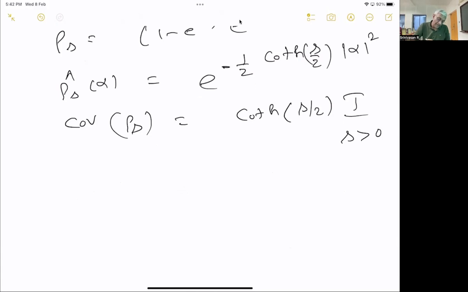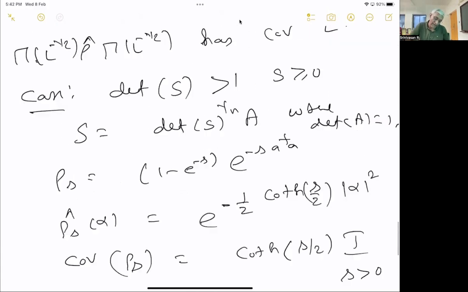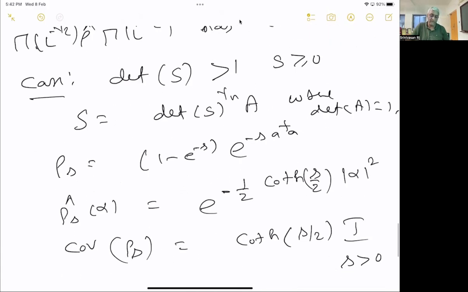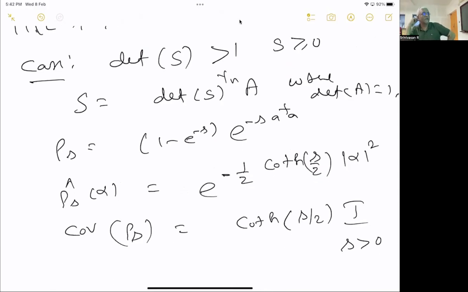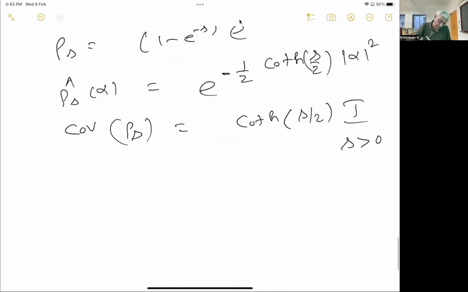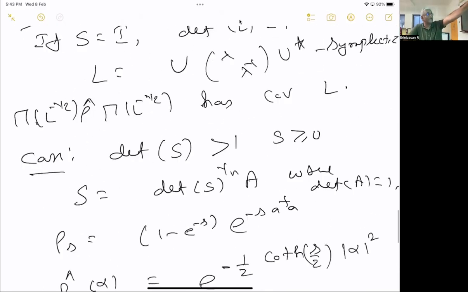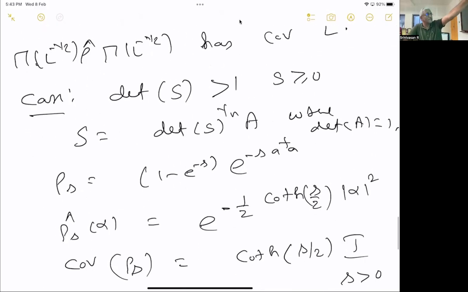So now we have a matrix with determinant A equal to 1. If we have a positive matrix with determinant A equal to 1, sorry, I should have written it in small letters, so we have an S with determinant of S greater than 1.